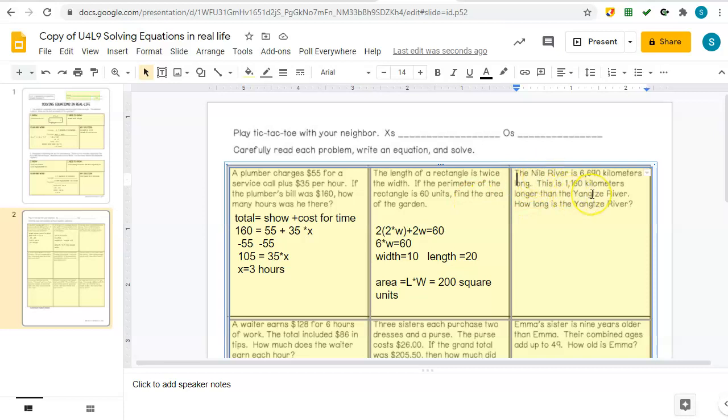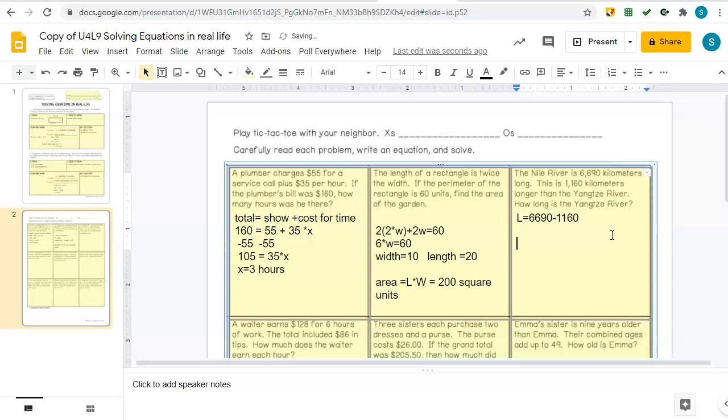The Nile River is 6,690 kilometers long. This is 1,160 longer than the Yangtze. How long is the Yangtze? So we could say the length equals the Nile's length, 6,690, minus 1,160.